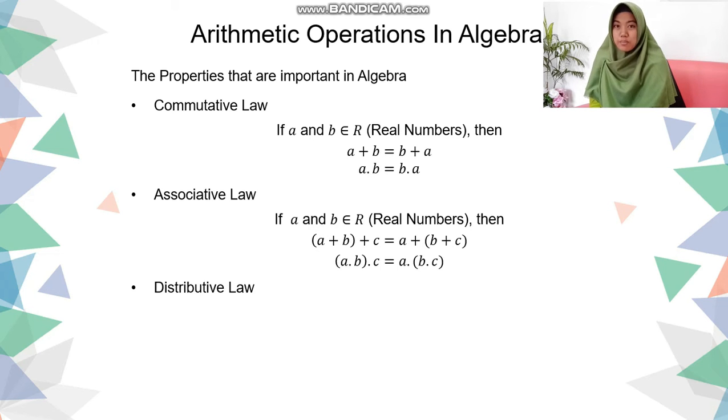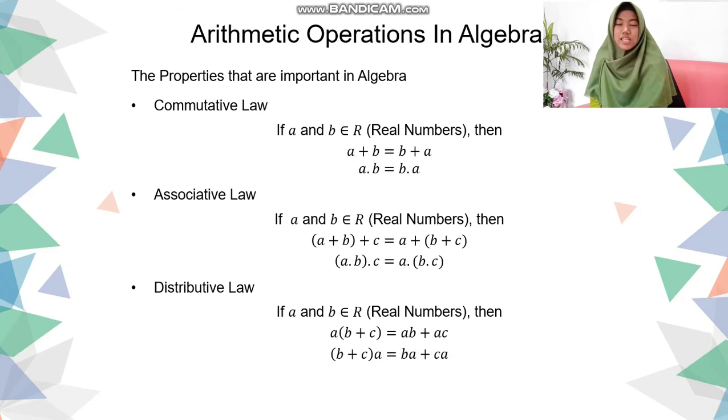Third, distributive law. If A and B are the elements of real numbers, then A times (B plus C) is equal to AB plus AC. (B plus C) times A equals BA plus CA.